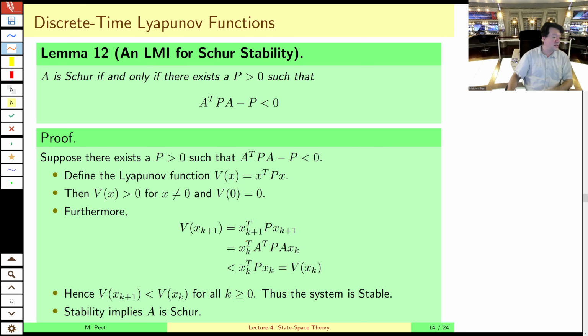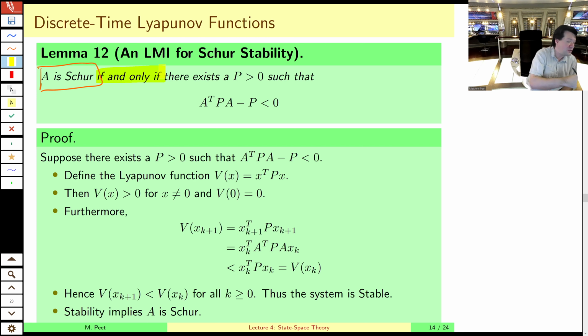So we apply exactly the same logic as before to obtain our second LMI, which is a necessary and sufficient condition for Schur stability of the matrix A. Now remember, Schur stability of A is a property of a matrix, but of course we've shown that it's necessary and sufficient for stability of the discrete time system. So basically it's the same deal as the first LMI.